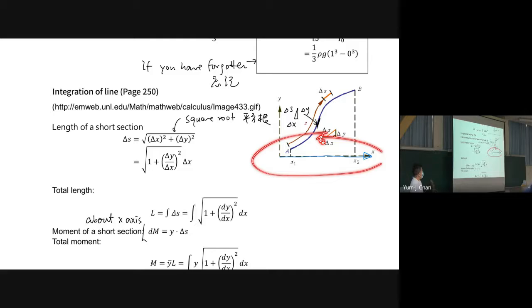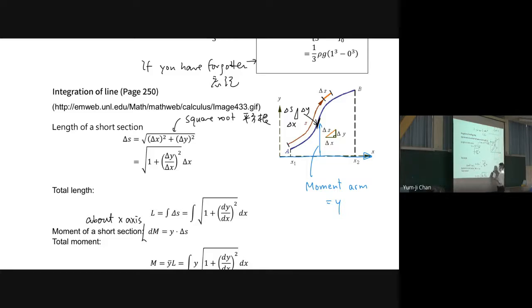If we want to determine the moment of a short section about the x-axis, the moment arm is y, because we are taking the moment about this x-axis.